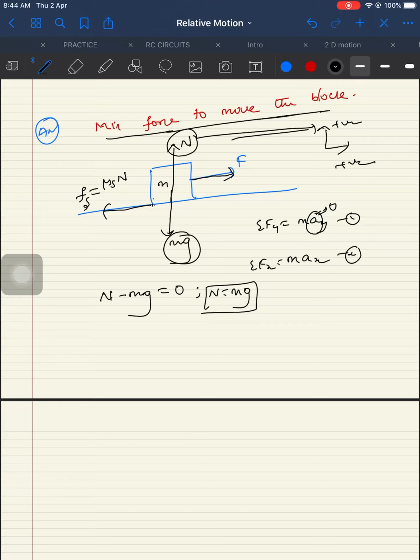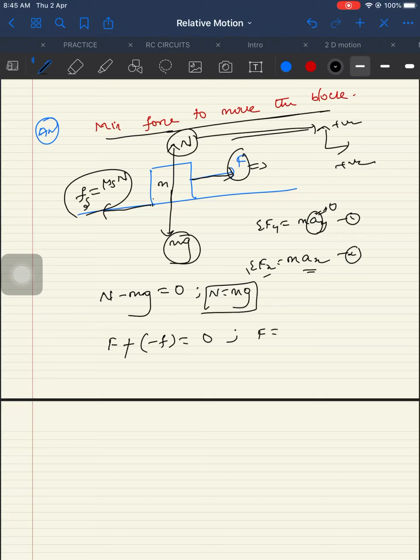Sigma Fx is equal to m ax. It is at the verge of moving, which means the acceleration should also be equal to 0. That is the minimum force at the verge of moving. Sigma Fx: F is in the positive direction, and the friction is acting in the backward direction, so F minus f is equal to 0.